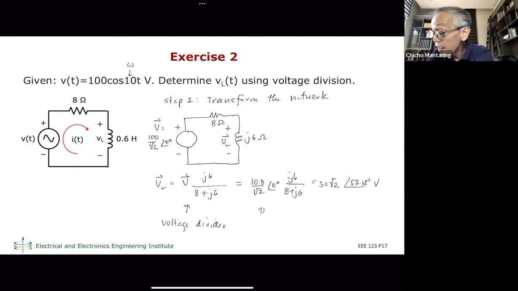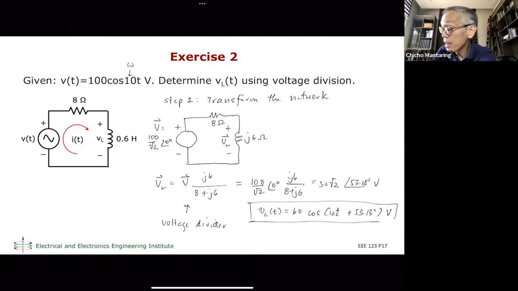Therefore, V_L(t) is now going to be 60 cosine 10t plus 53.13 degrees volts. So this is exactly the same as earlier, but the principle we used now is voltage division.